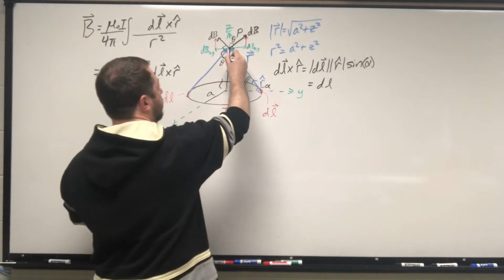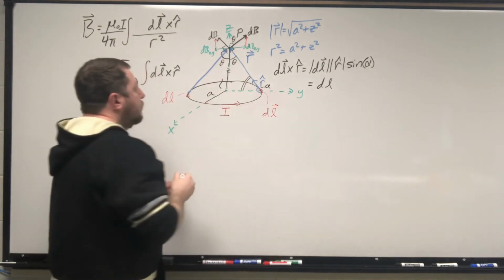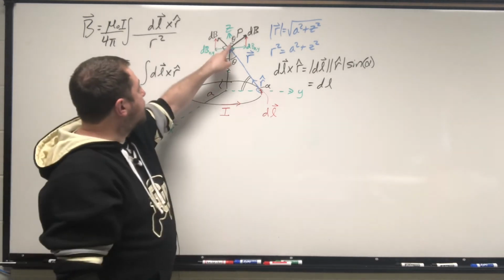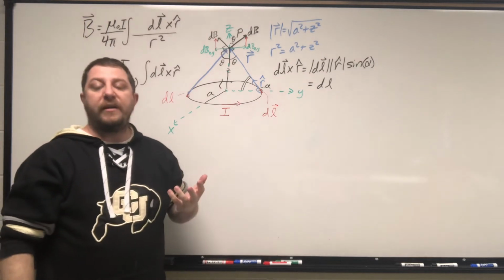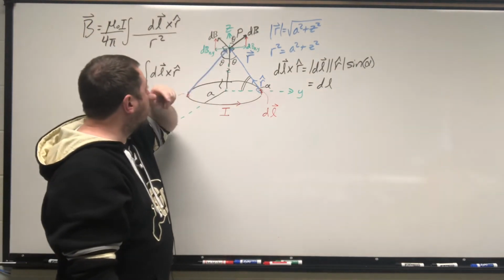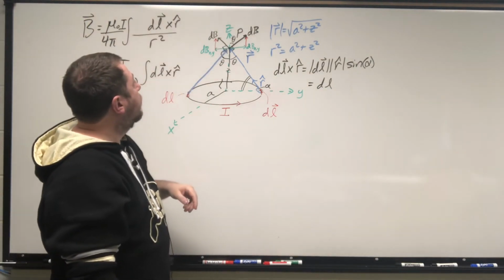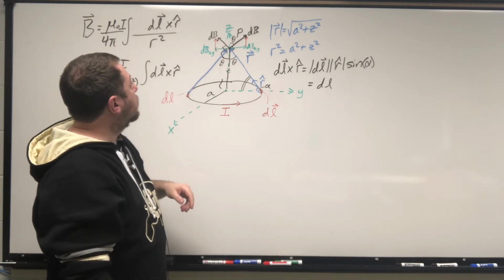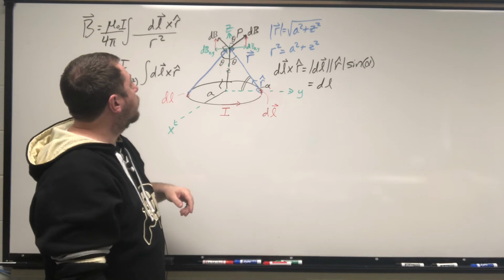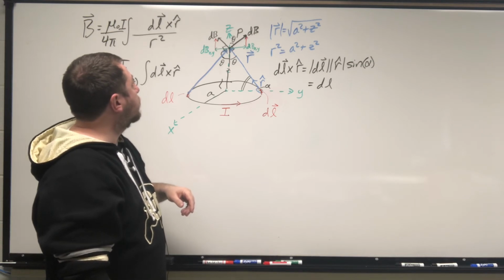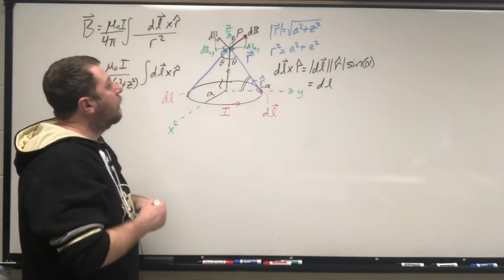And this angle is also theta. So if this angle is theta and it's the vertical contributions that add, then those are going to be the sine components. No, I'm sorry, those are going to be the cosine components, right? The sine components are going to cancel, so you're going to get the cosine components.